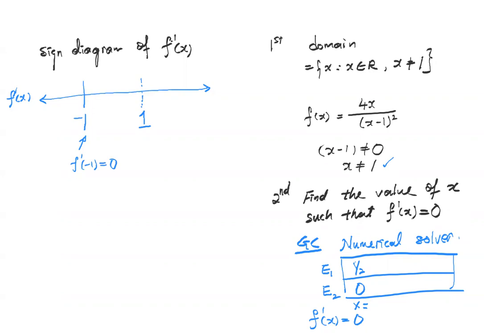So if I want to know the sign for region A, region B, region C, what should I do? You got your graphic calculator, correct? For region A, we are talking about which function? Y1, Y2, or Y3? F prime x is in which Y1, Y2, or Y3? Y2. So please call out Y2.